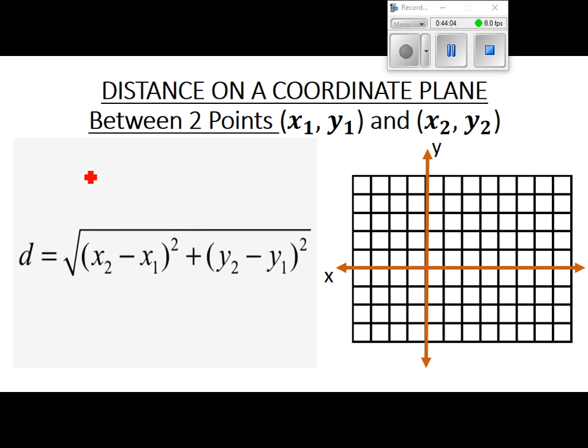Find this. Draw in what you need to draw in on your paper there. Now we're to harder stuff. You remember the distance formula?